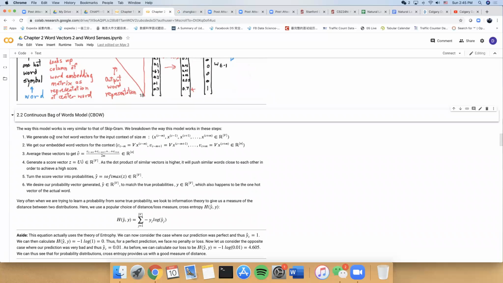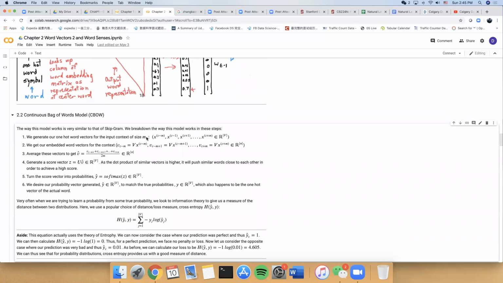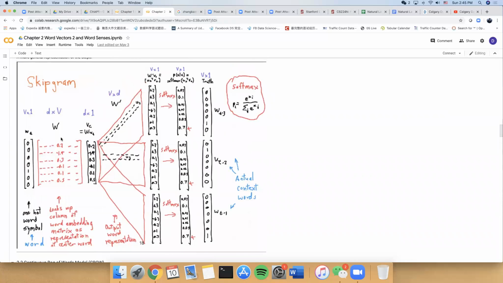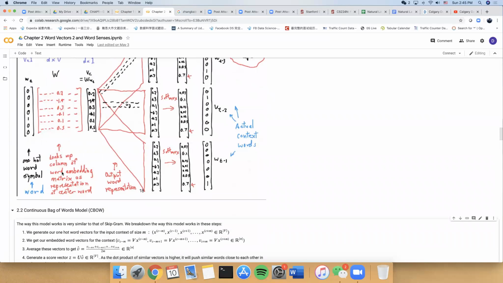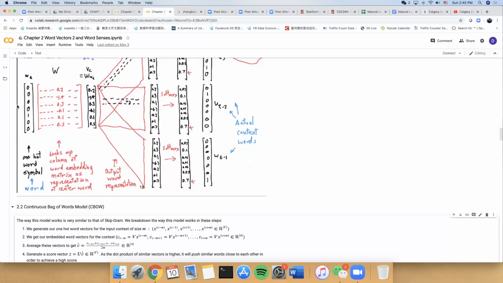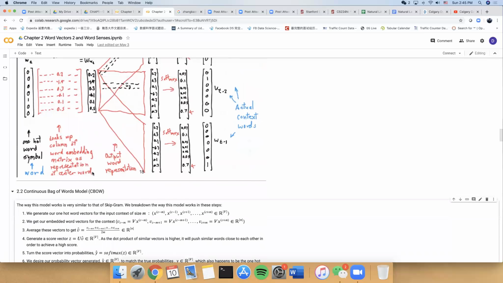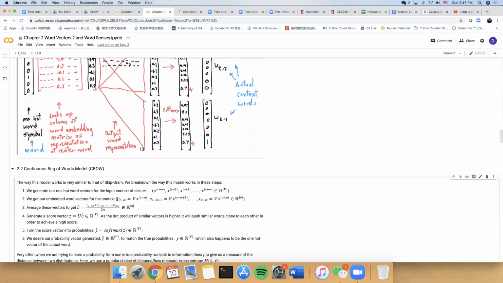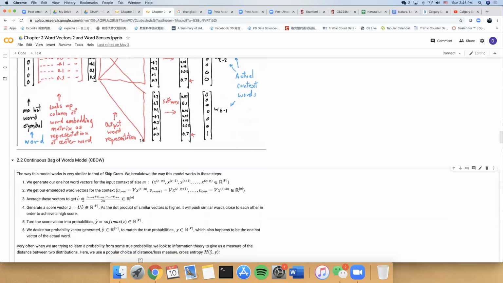First of all, we generate a one hot encoding vector for the input context of size m. Previously, we just wanted to extract the center word, so it was one vector. But now since we want to extract all the context words, we need to generate a matrix instead of one hot encoding vector. So you're going to have a sparse matrix of 0s and 1s, the context word matrix. Again, you can do an average.